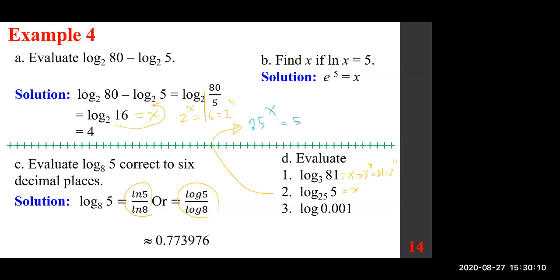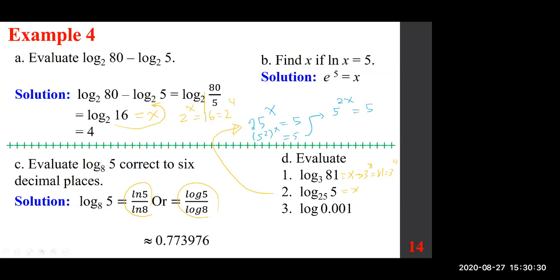Now 25, everybody knows, is 5 squared. So I'm going to say 5 squared to the power of x is 5. So that means 5 to the power of 2x is 5.